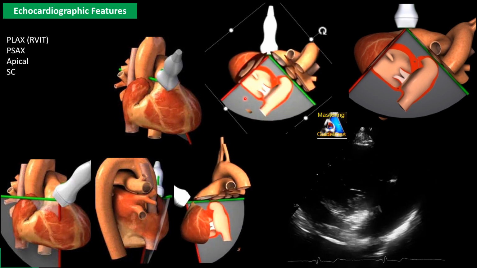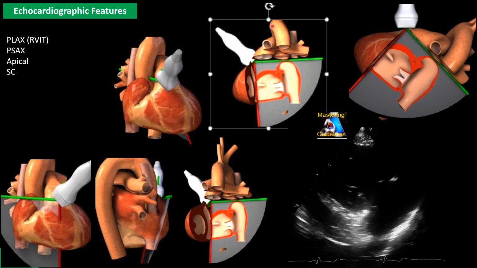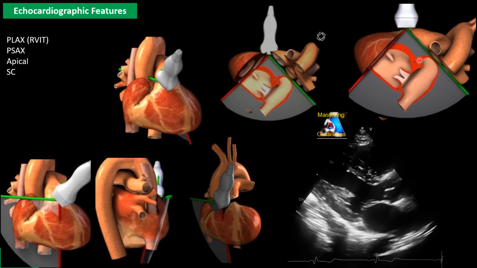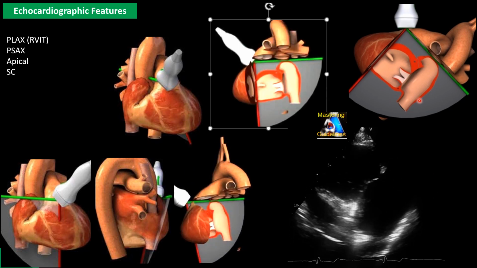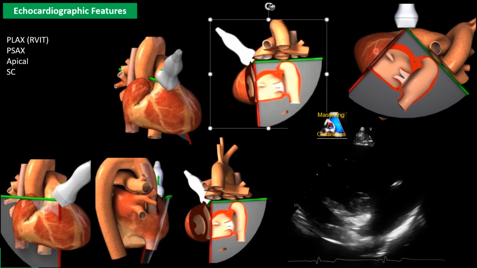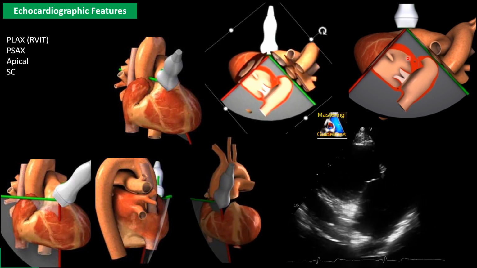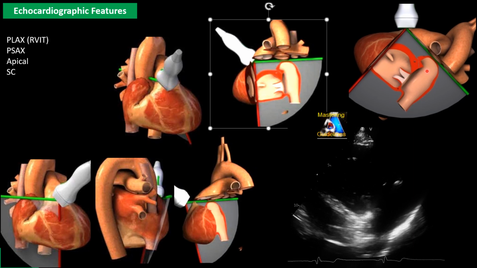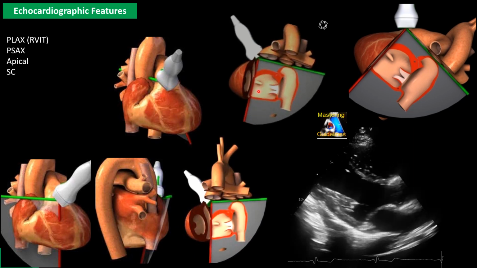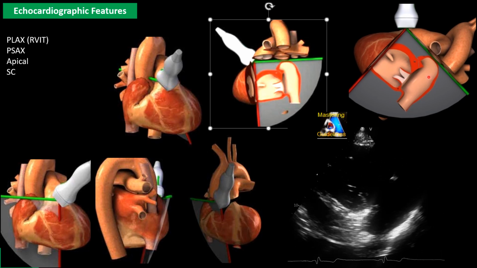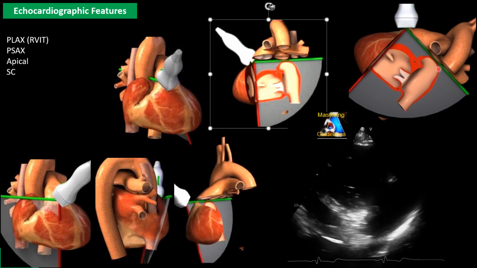Then the ultrasound machine rotates the image and shows on the monitor this view, where it looks like the right atrium is inferior to the right ventricle. That is not right anatomically, because the right atrium is superior compared to the right ventricle, which is inferior; the image has only been rotated.